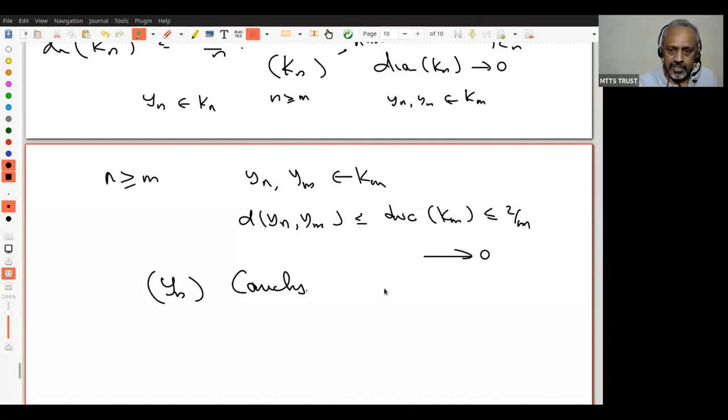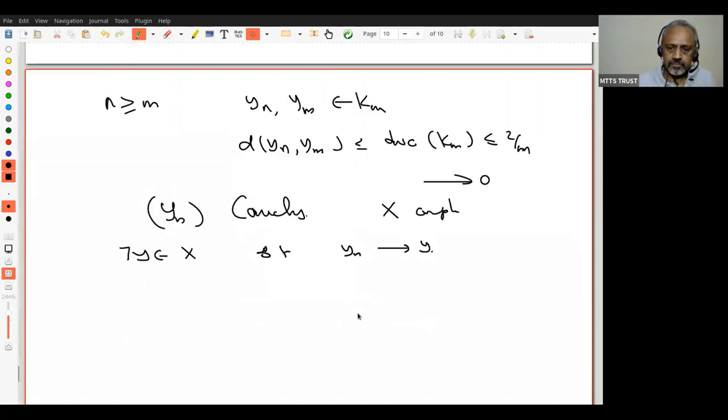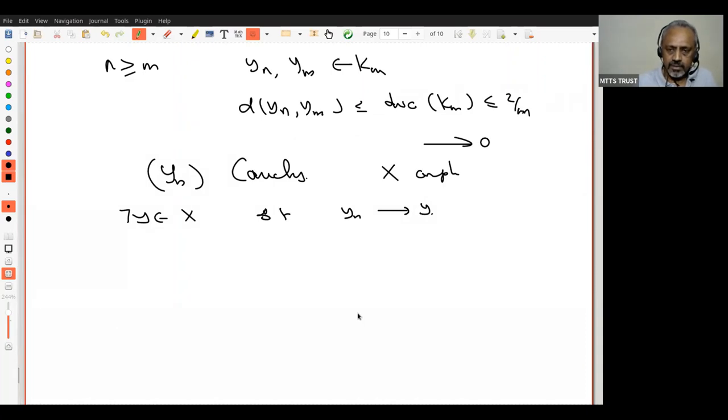Now I can make use of the hypothesis. What do I know about X? X is complete. Therefore, there exists a y in X so that yn converges to y. Now the argument is exactly like the Heine-Borel theorem argument, which I just said. Now this y belongs to X and X is the union of Ui.